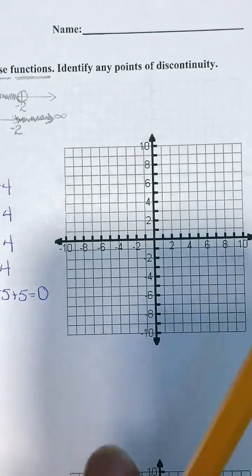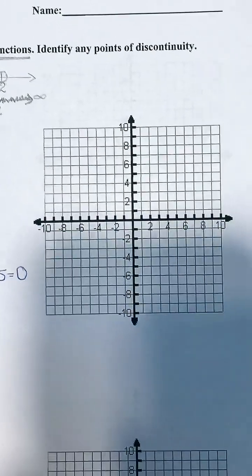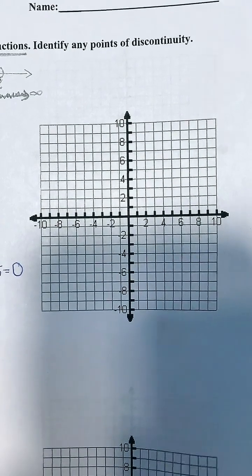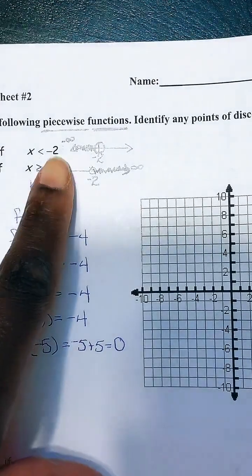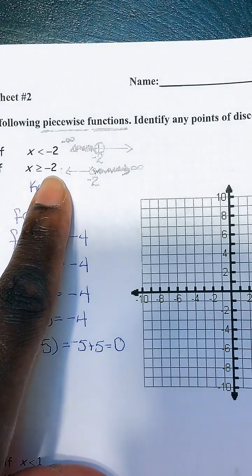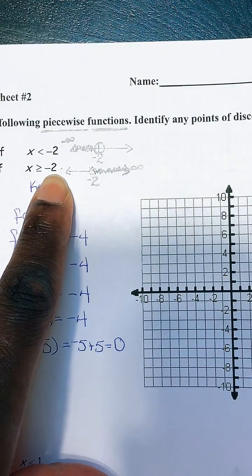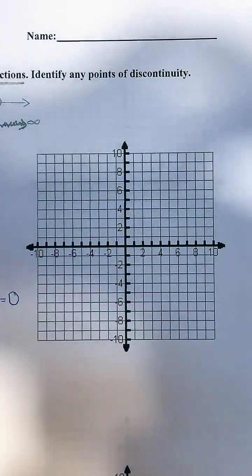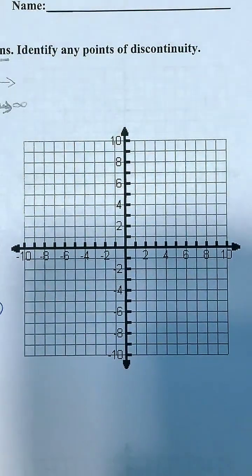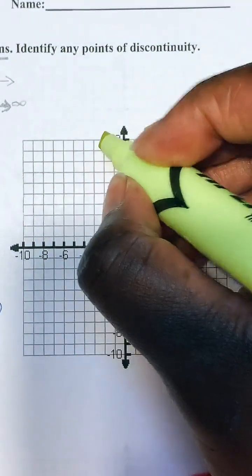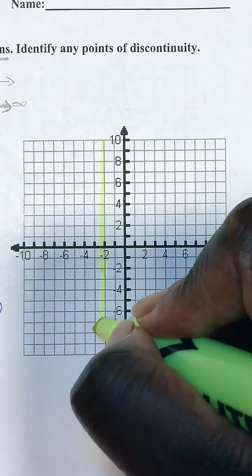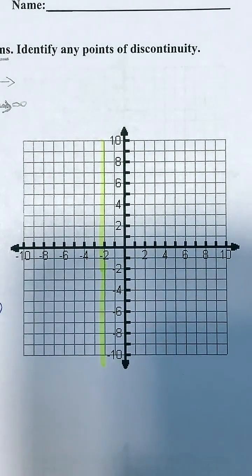All right, so what we're going to do, and as I said, sometimes it's easier to graph with the pencil because we might be doing some erasing. You're not graphing the whole entire line. Now, the restriction that we need to know is at -2. So I always like to put a boundary line right at the -2.